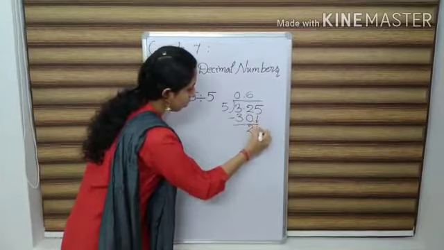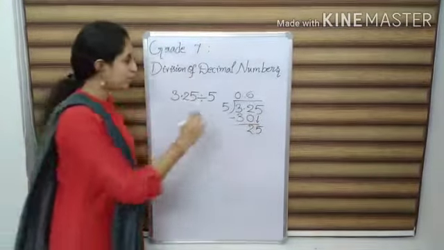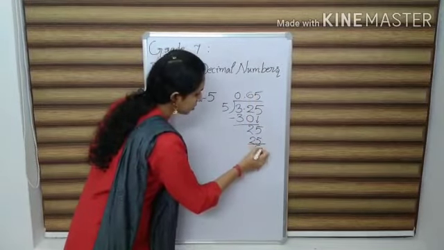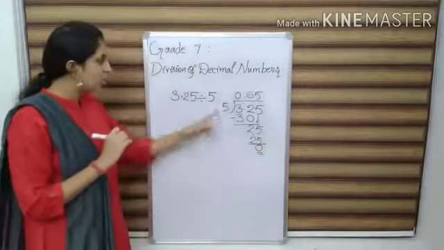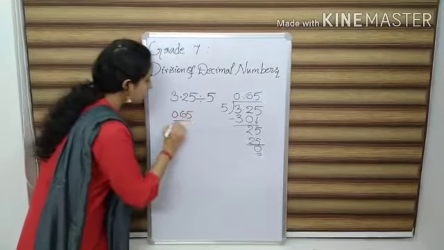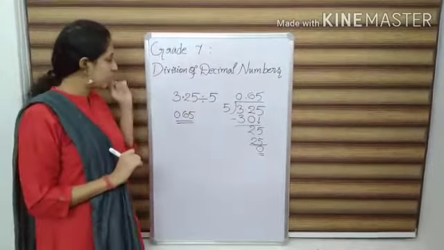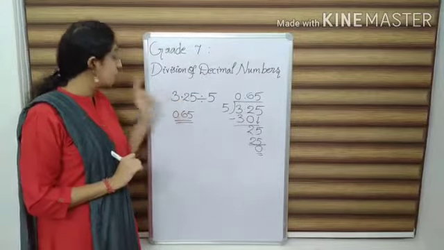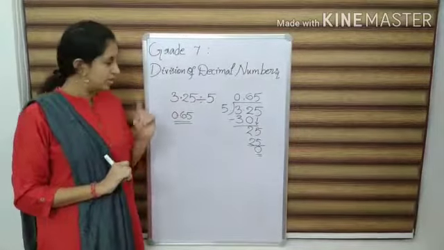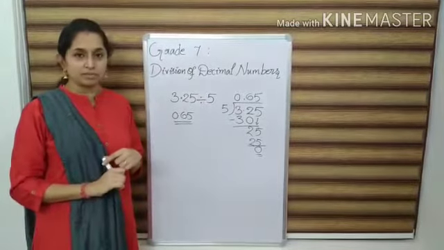Take this 5 down. So 25. 5 fives are 25 and the balance is 0. Remainder is 0. So the answer is 0.65. You have noted this question. Okay. So if the dividend is a decimal number, you can directly go for division. Let's see one more question.